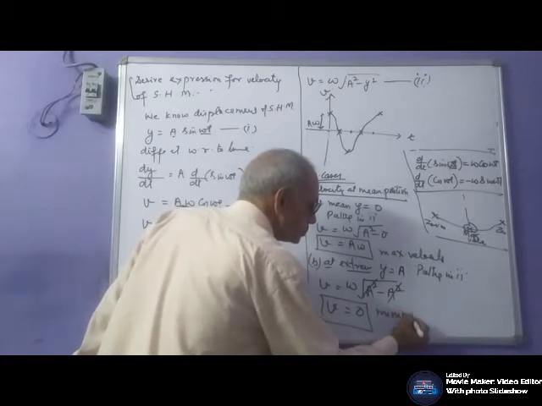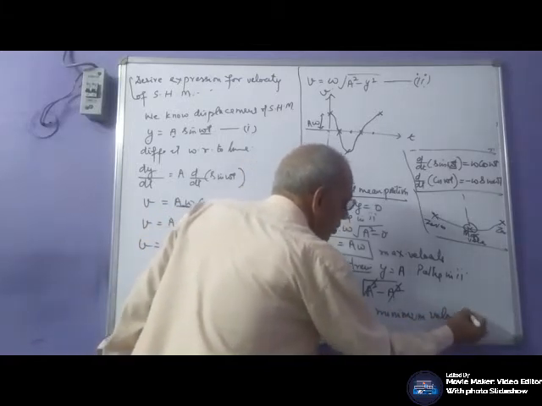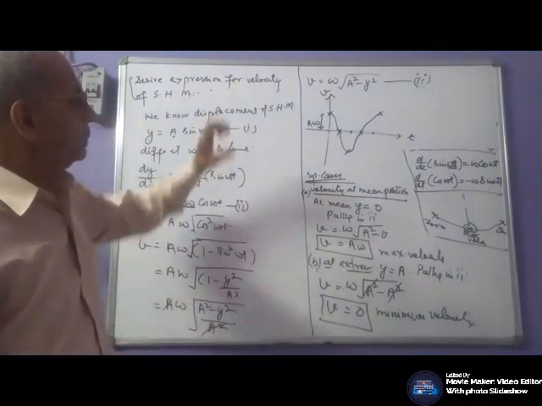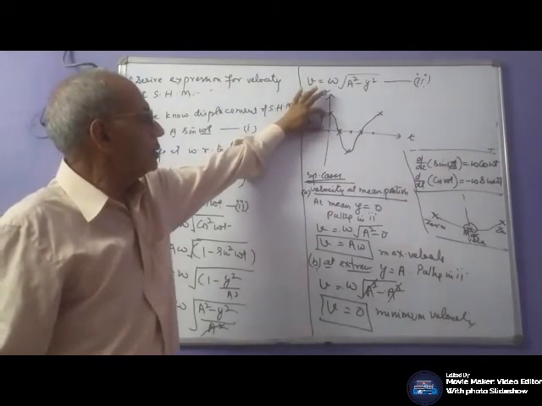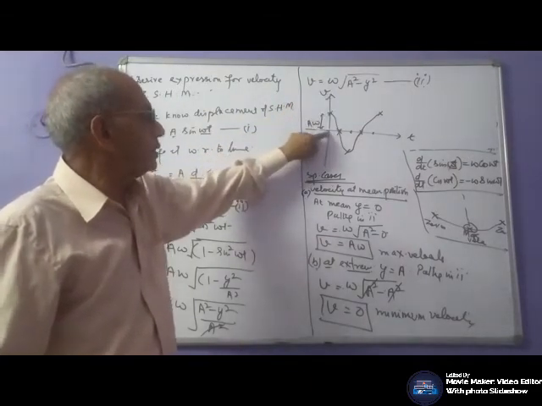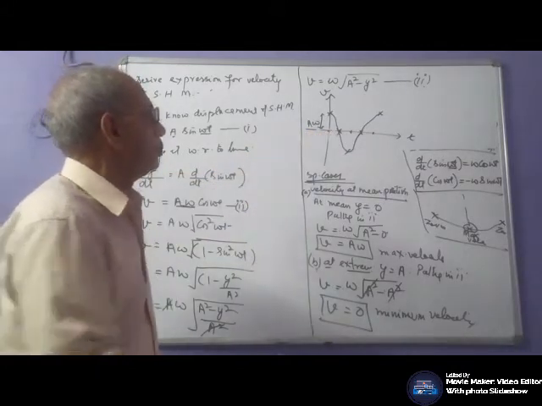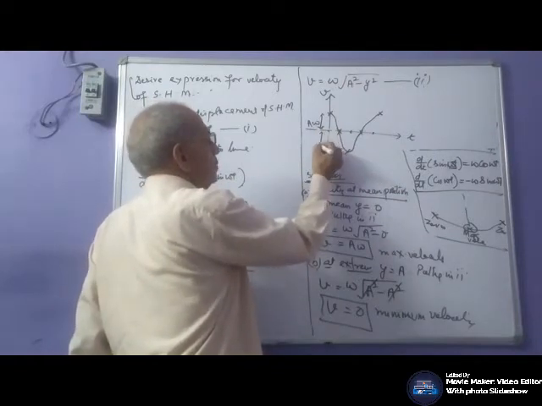Minimum velocity. So maximum velocity is A omega, A amplitude, at the mean position. This is the mean position, this is the extreme, it is 0. A omega is the amplitude.